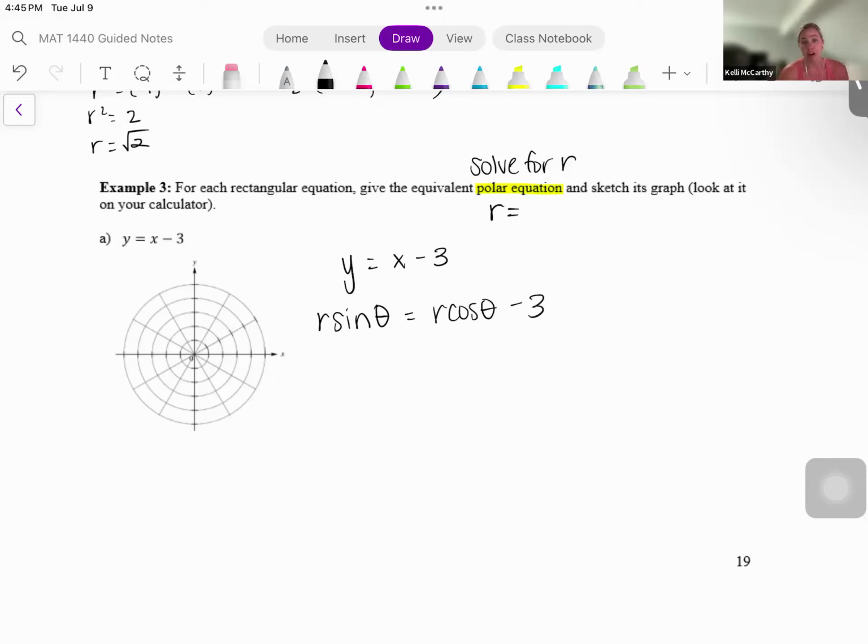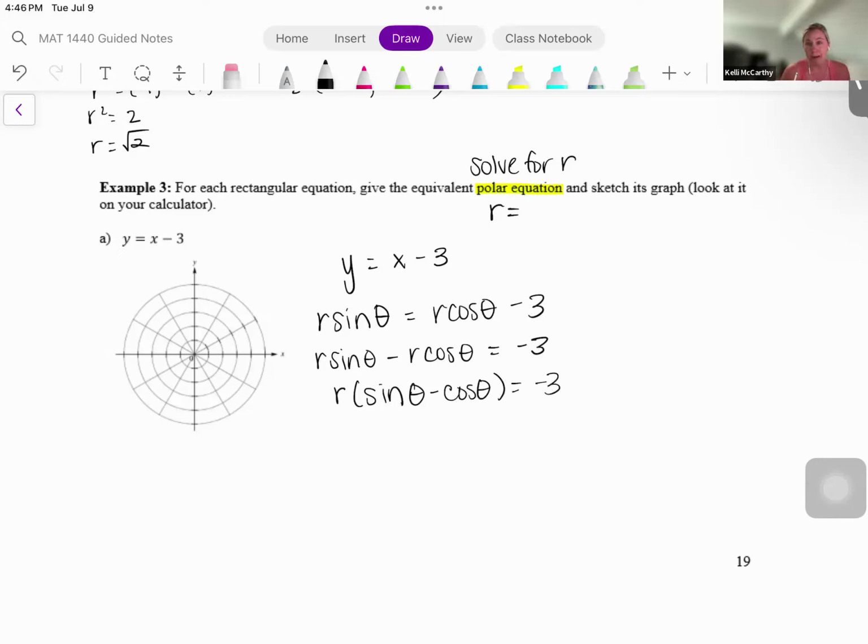Now we want to solve for r. So we're going to combine both of our r terms on one side. r sine theta minus r cosine theta equals negative 3. Factor out r. So r times sine theta minus cosine theta equals negative 3.